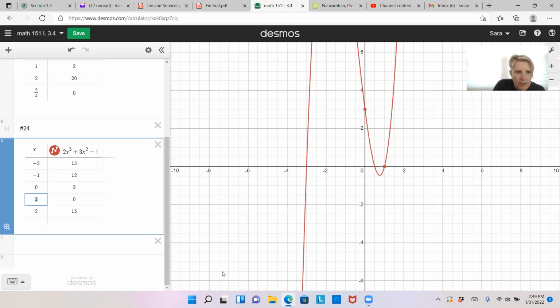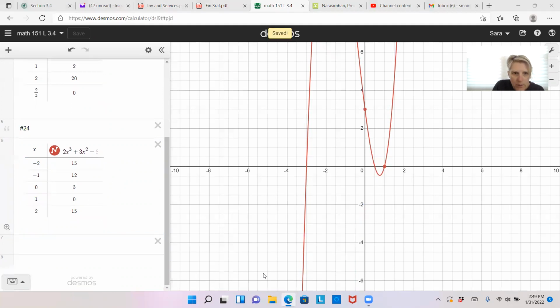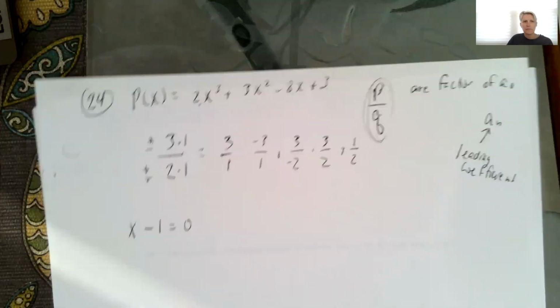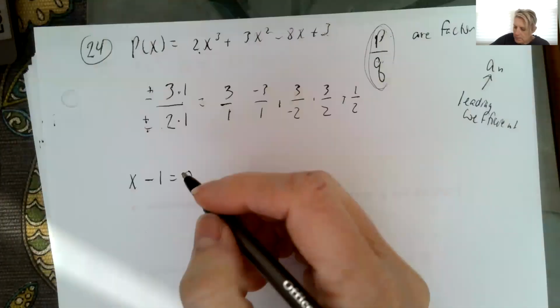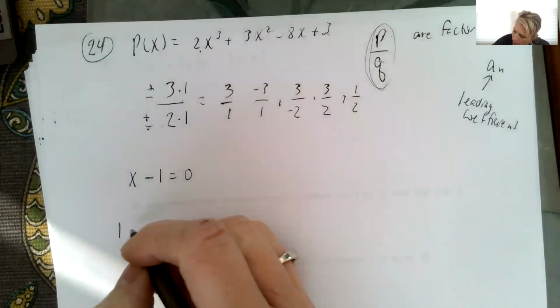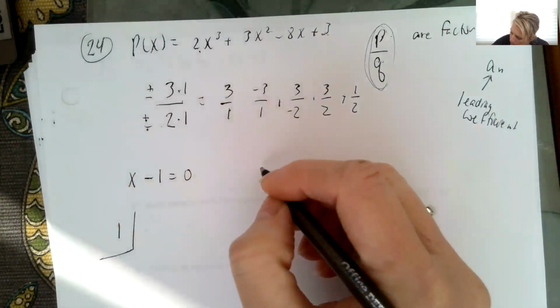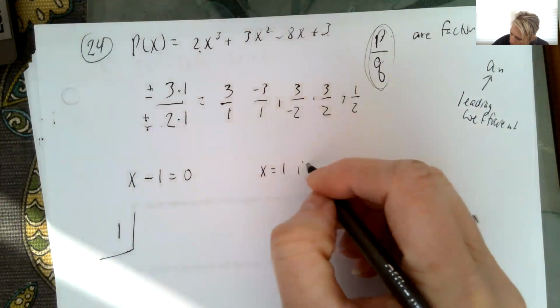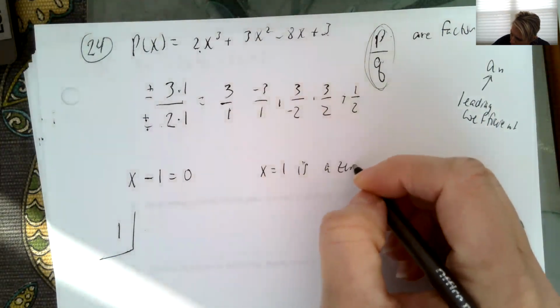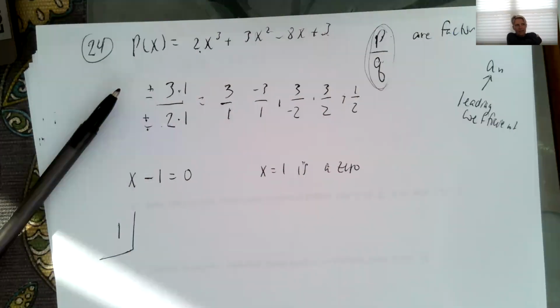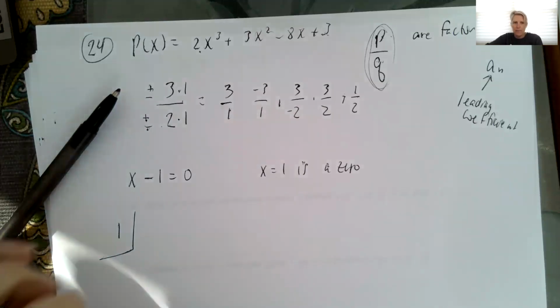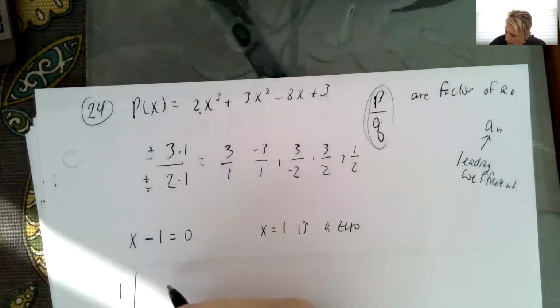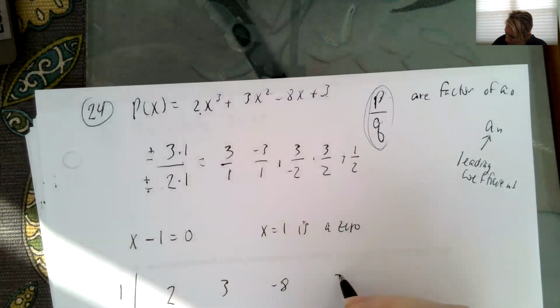Now we can go back to our paper and use that to get us started with a synthetic division. I know that x equal to 1 is a 0. So I'm going to put in my coefficients 2, 3, minus 8, and 3.